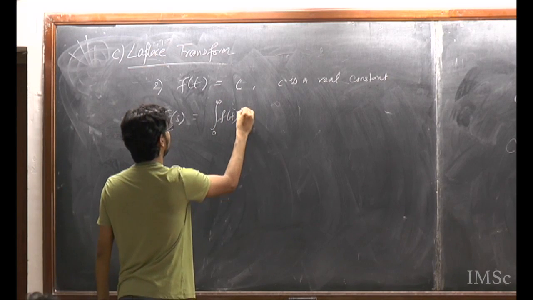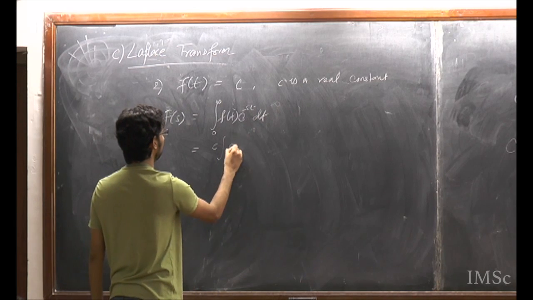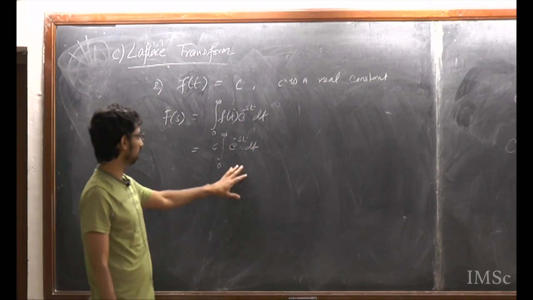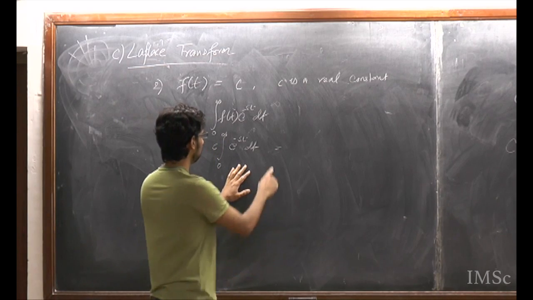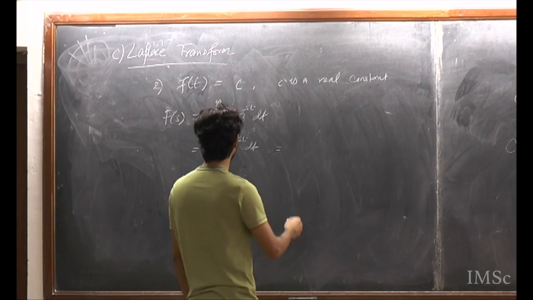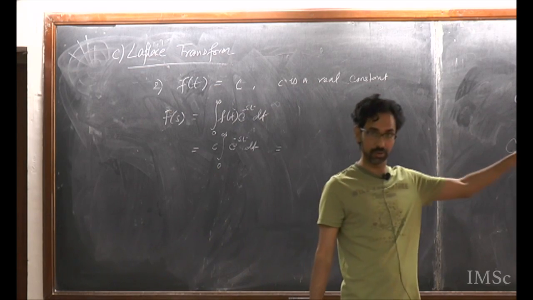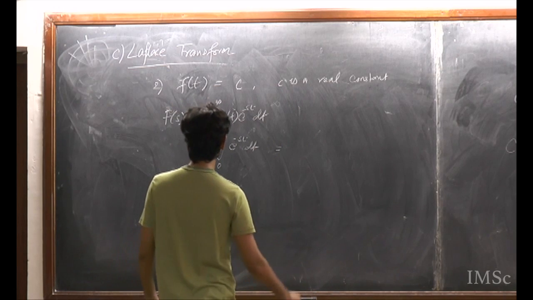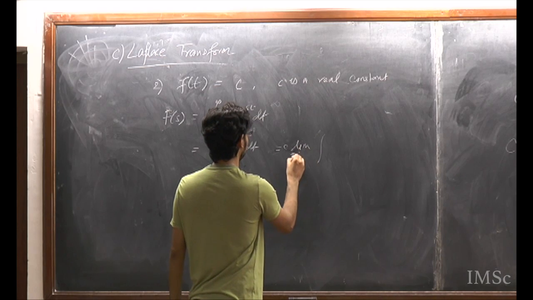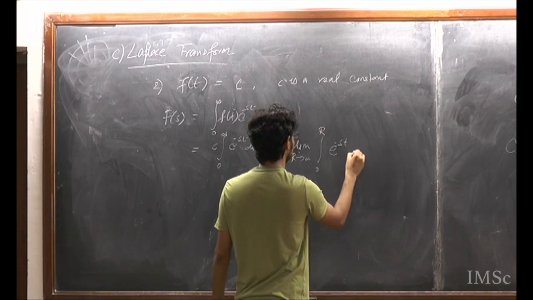This is just the integral from 0 to infinity of c e^(-st) dt. And what is this integral? One over s. So let's be more careful. Let's write it out as an improper Riemann integral: c times the limit as r tends to infinity of the integral from 0 to r of e^(-st) dt.